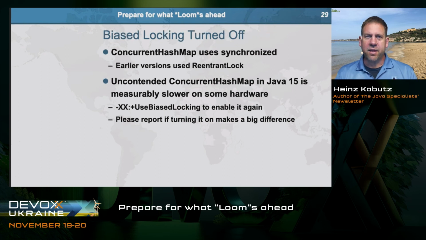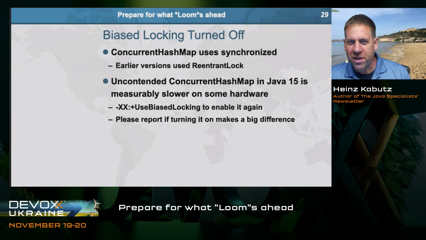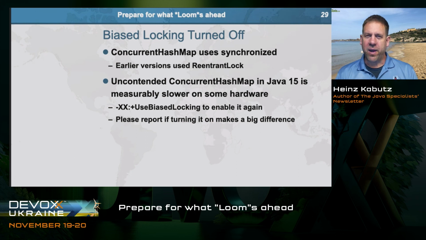Another thing is that biased locking is turned off now by default. This should not affect you if you're running on modern hardware. They added biased locking at some point for older hardware to make it fast. On my laptop, even though it's not that old, it's 1 year old, as you saw, it just crashed, just reset it about half an hour ago.